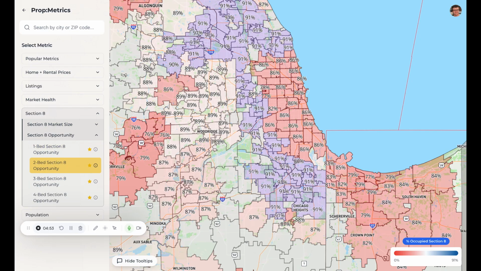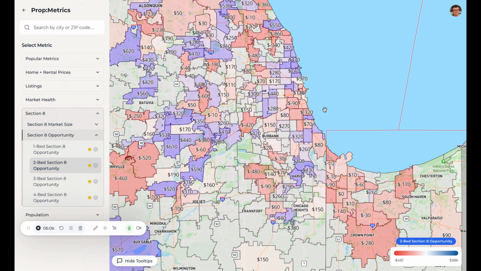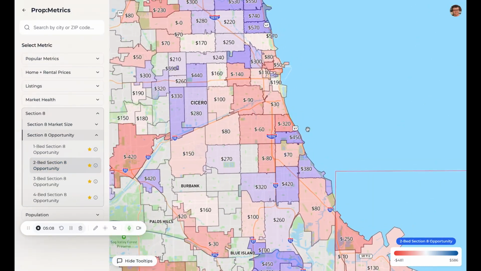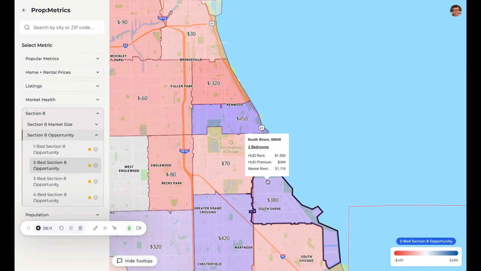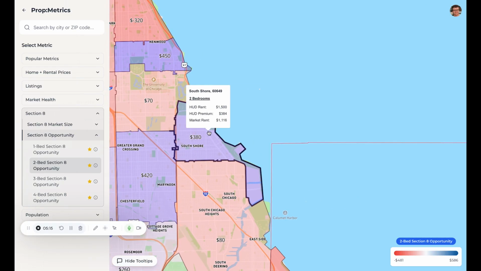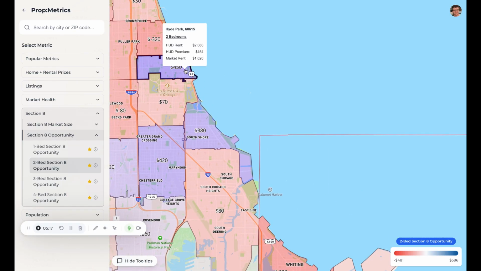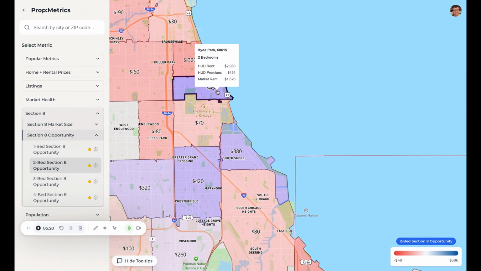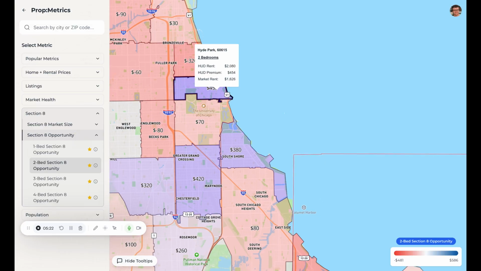So you find the exact property you listed, you have it rented out on the market, you have it rented out via Section 8, you can do better very often on Section 8 than you would if you were to rent that place out on the market. And you can see that there are plenty of places, especially Hyde Park, South Shore. I love this area, by the way. If I were to buy Section 8, it would be here because you can get pretty prime cash flow from these locations.